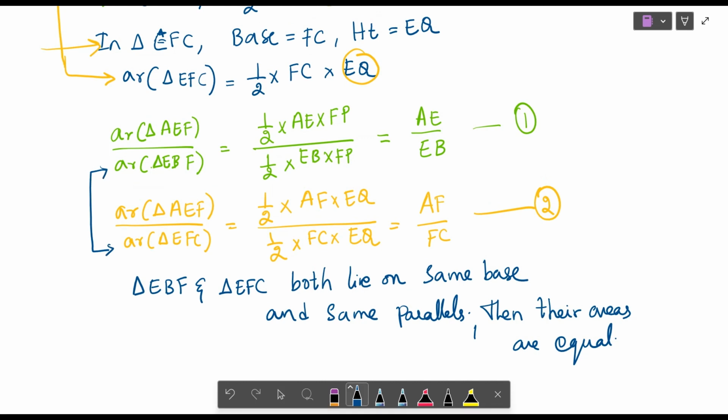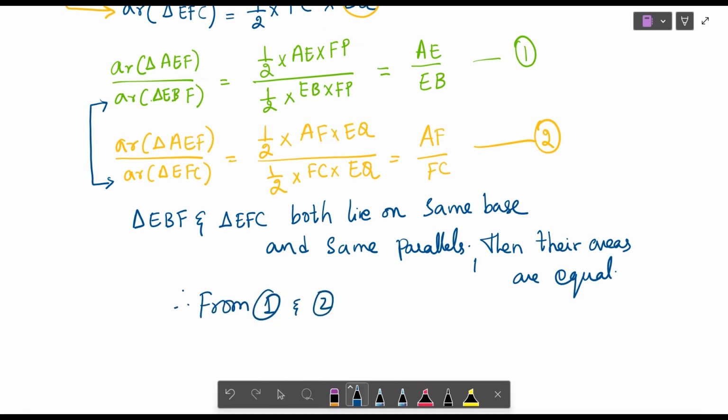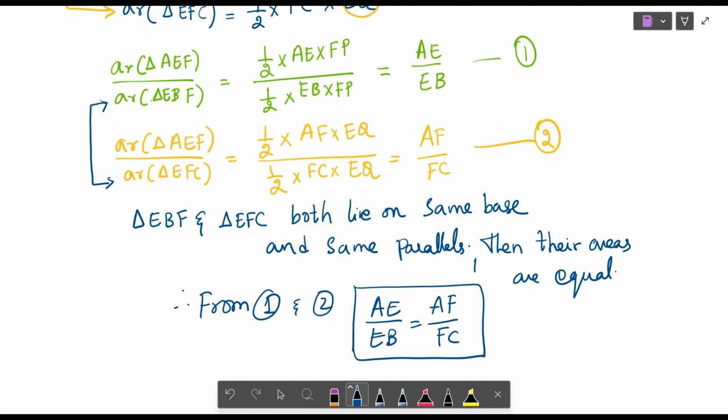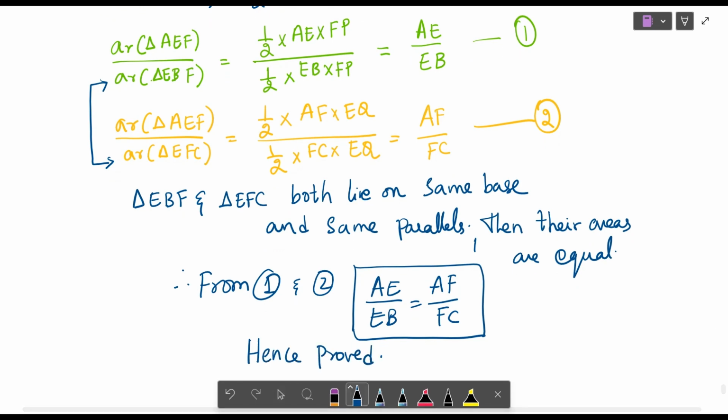So from 1 and 2 what we can write students? Therefore from 1 and 2, AE by EB is equal to AF by FC. Did you understand students? So at last what you can write? Hence we have proved this. Very easy.